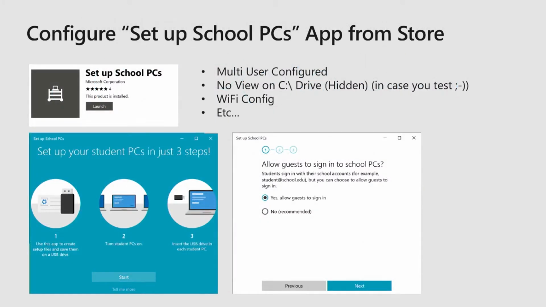But most of the time we used the Set up School PCs app from the App Store. That's just a click-through app. It's pretty simple. It creates your Wi-Fi with a password. It creates some other settings, as an example, that the user that is logged on has no more view to the C drive.